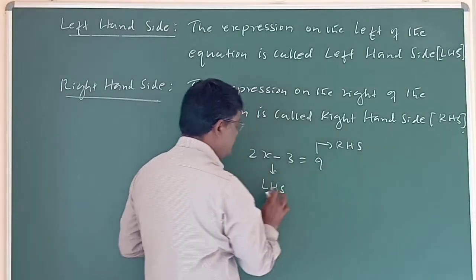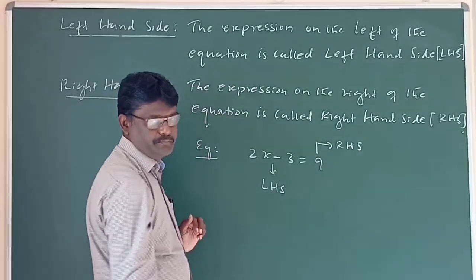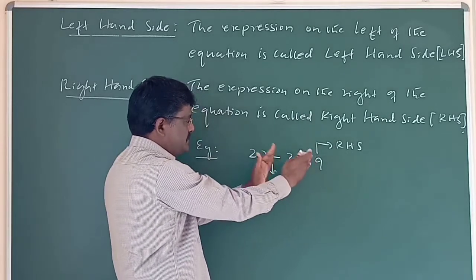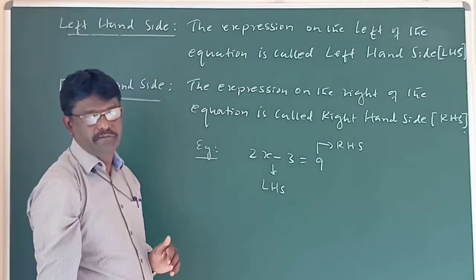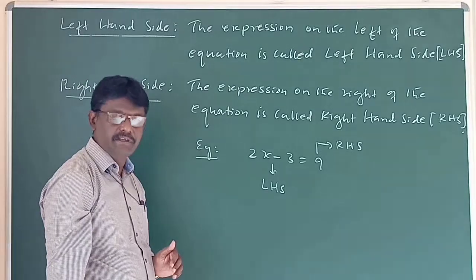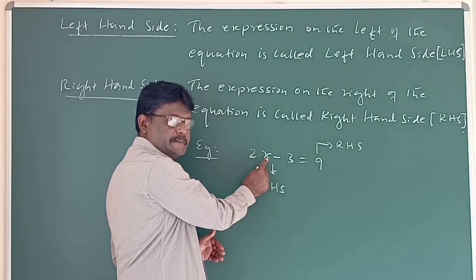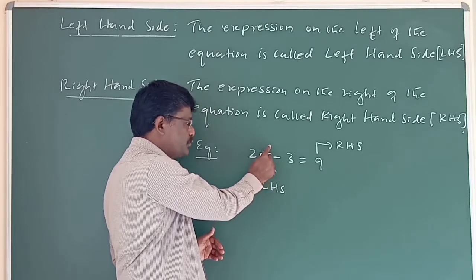Both LHS and RHS together we say an equation. Then in this equation, we find a variable x whose degree is 1.